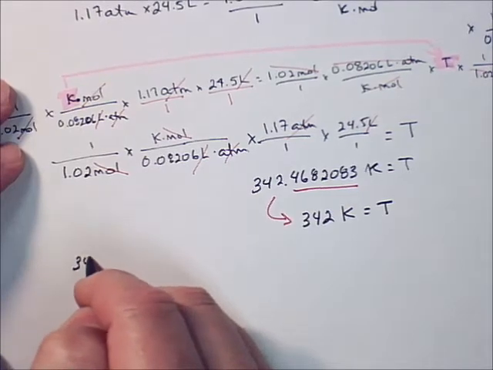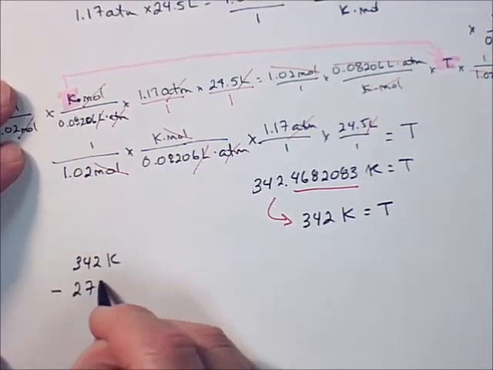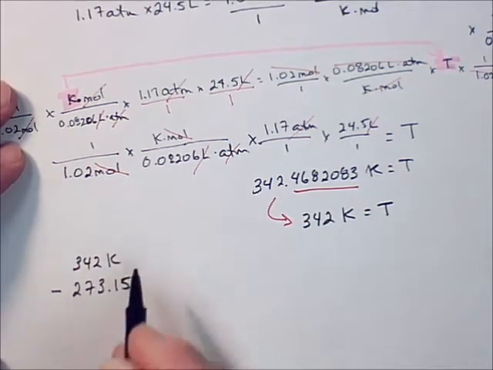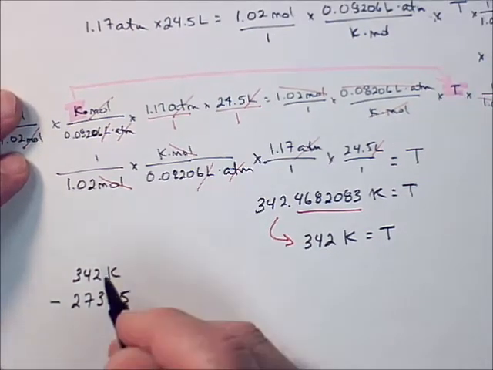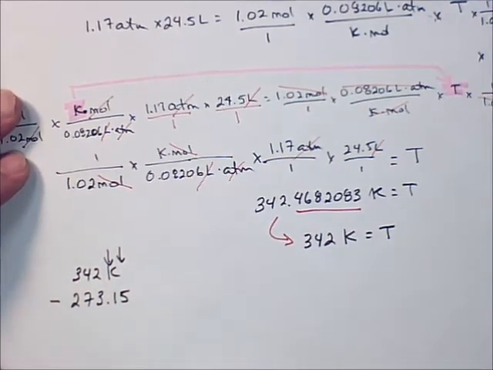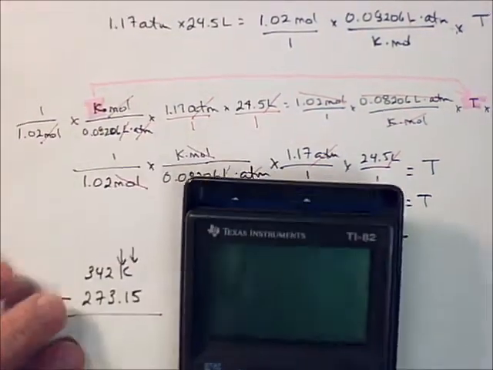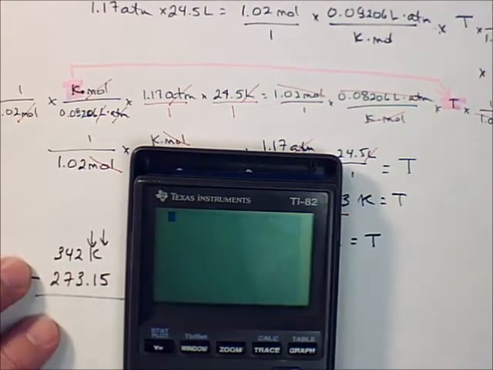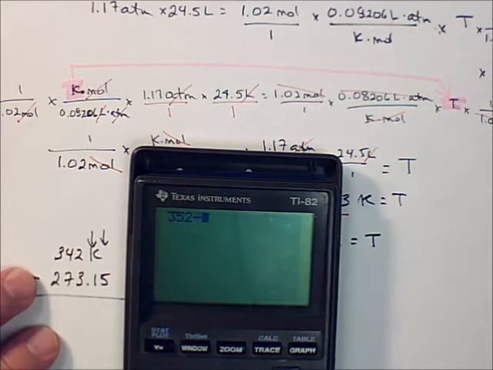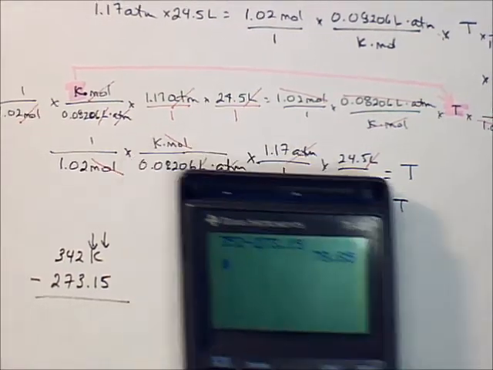So we're going to take this 342 K and subtract 273.15. I really should have left an empty slot there, or moved the K over a little bit, because we've got 2 empty slots here. So we take 342, subtract 273.15, and we get 78.85.